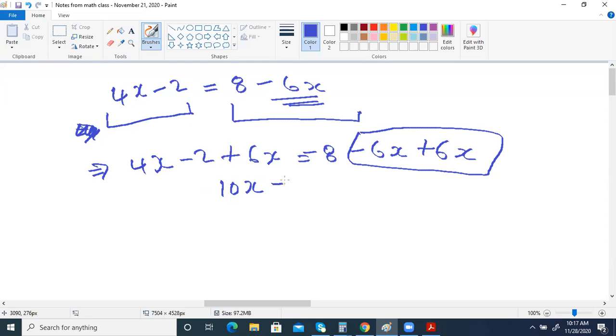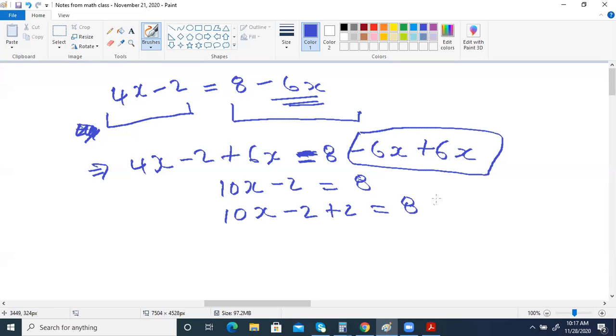So this is 10x minus 2 is equal to 8. It's supposed to be an equal sign. So this looks like something that we've been doing. In order to get 10x by itself, we need to add 2 to both sides. So this is the 2 that we have originally, then you add the 2.